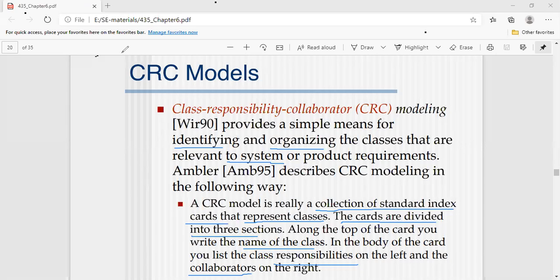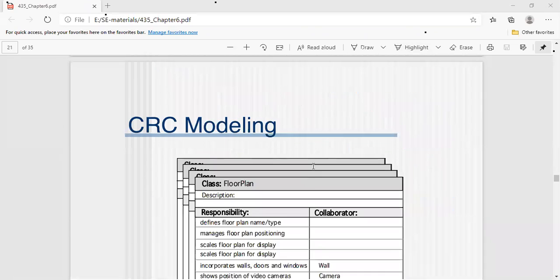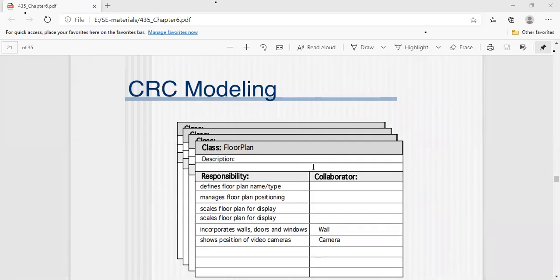If we see the diagram for these CRC models, this is the one here. It is one card, the first card. Card one has three parts.